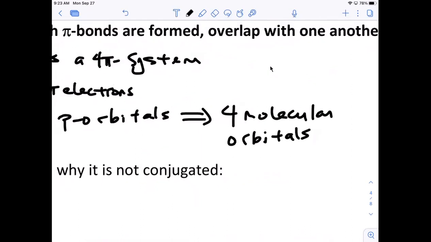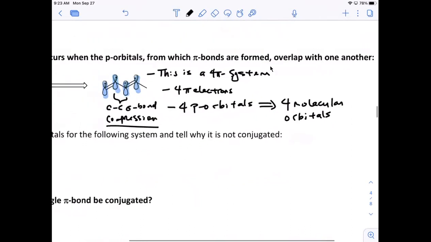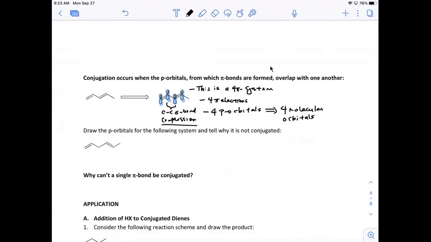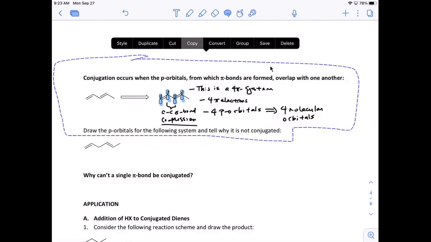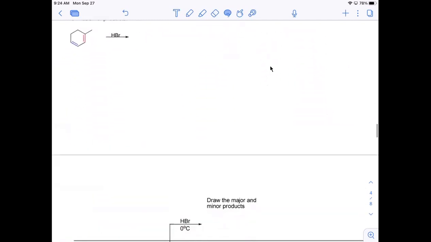And I'm going to cut this out and show you the molecular orbitals real quick.